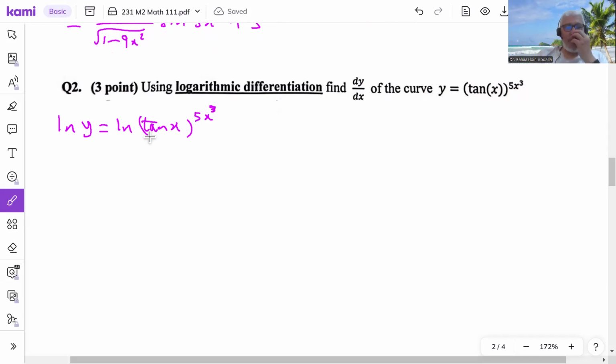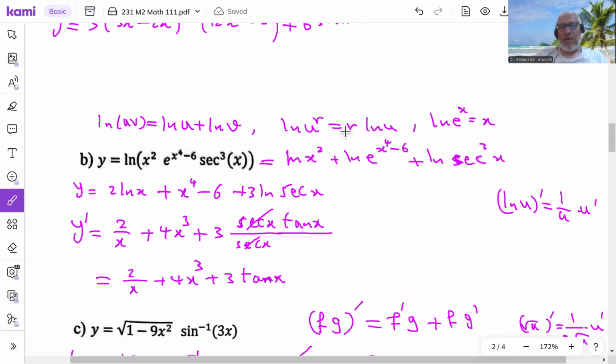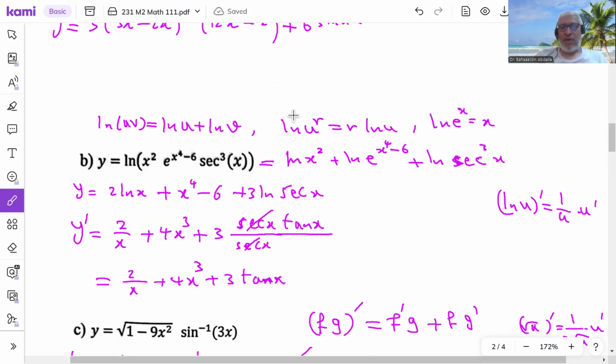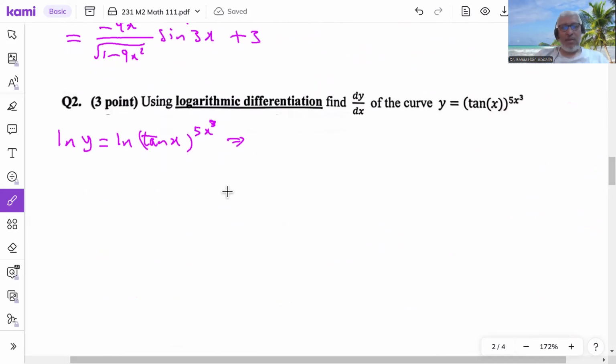Then I use the property of ln. In ln you can bring the power down. That's a very powerful property of ln. So I can write the left-hand side as it is, but on the right-hand side, I can bring 5x cubed outside, bring it down before the ln.